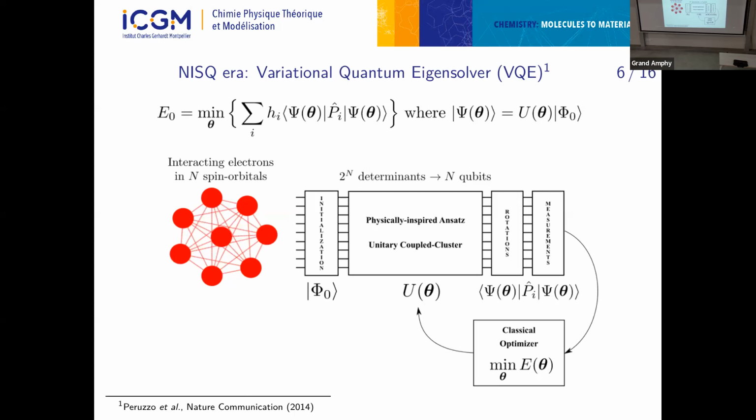First we measure the energy on the quantum computer, and then we can use any kind of classical optimizer that exists in the literature, gradient-based or gradient-free, COBYLA, BFGS. It's a vector theta. If we use unitary coupled cluster, its size is quartic in the number of qubits, to the power 4.